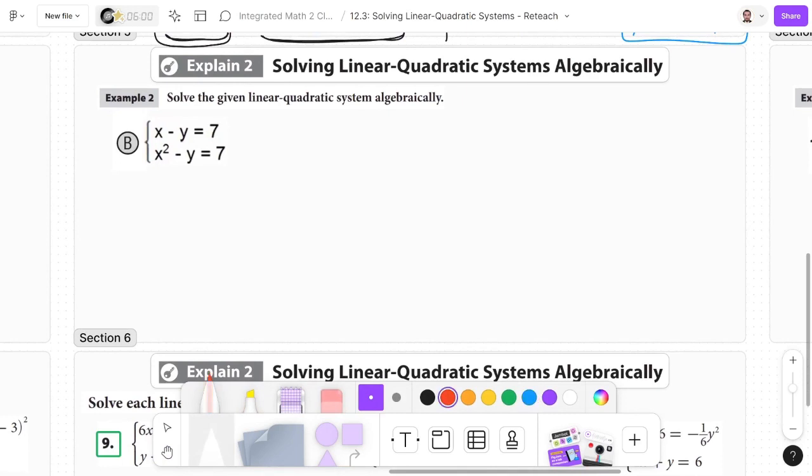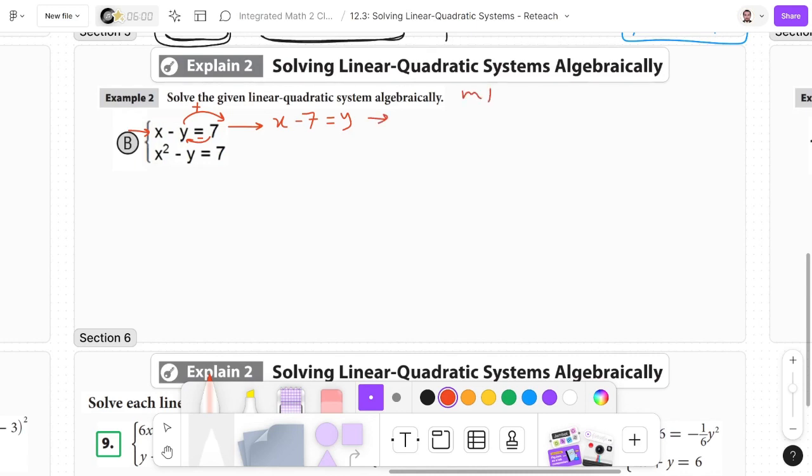First, you need to make your linear function in terms of y. So y is equal to. Take y to the other side with a positive, take 7 to the other side with a negative. So the equation will be x minus 7 equal to y.